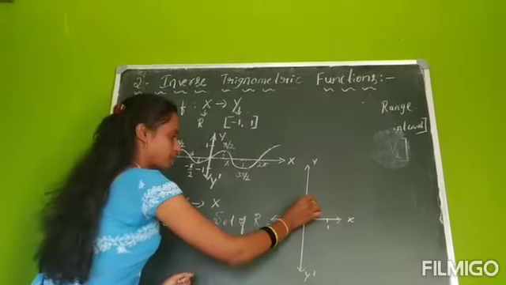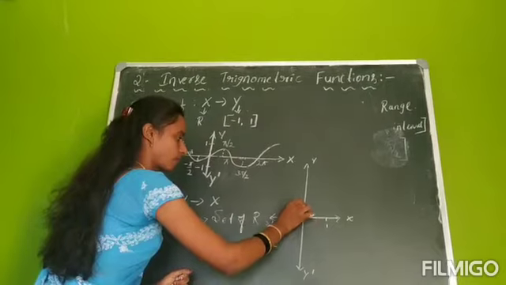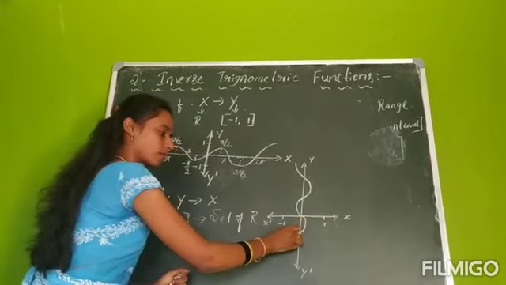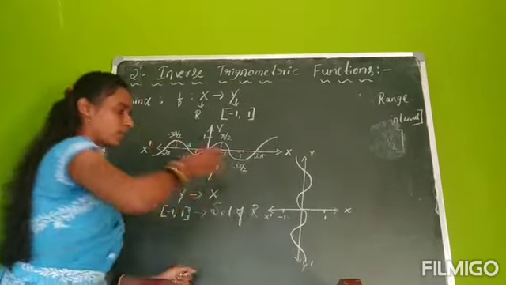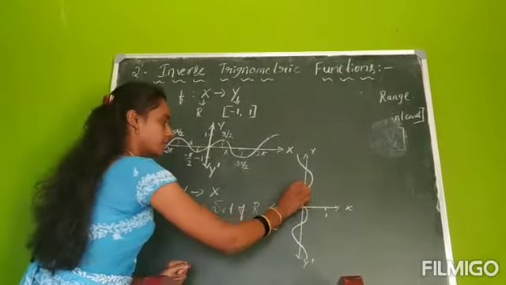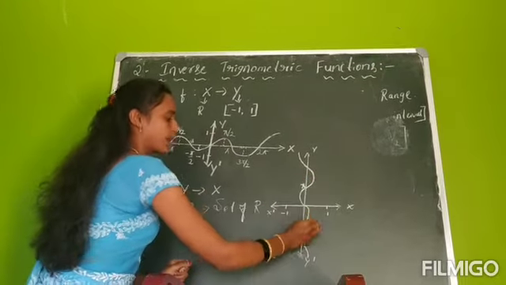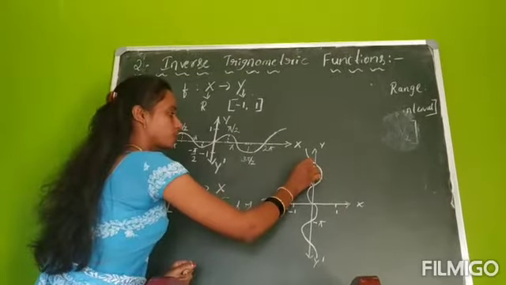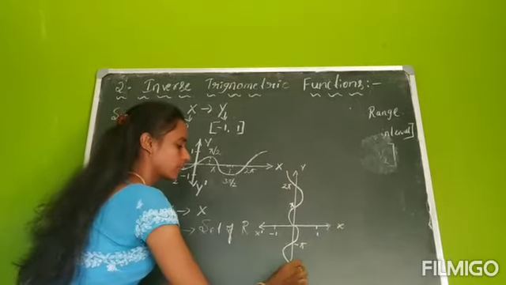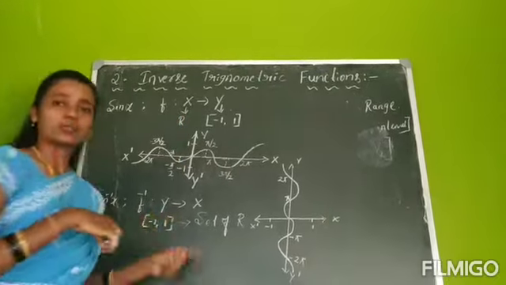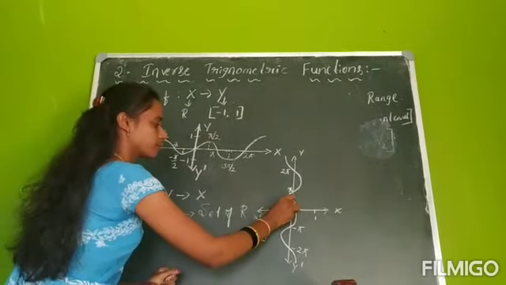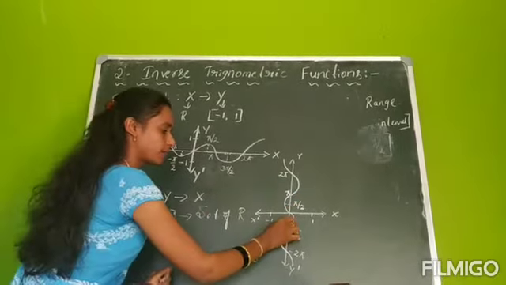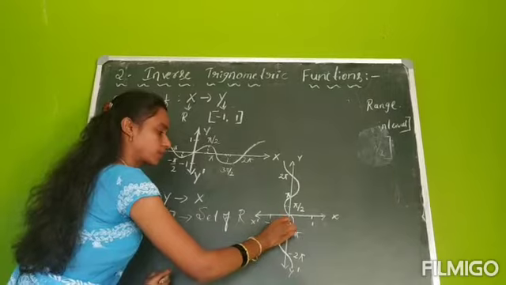Now if I take the same thing, you can write here a positive pi and here a negative pi. If I take this as positive 2 pi and this as negative 2 pi, in between pi there will be pi by 2 and in between minus pi this will be minus pi by 2.